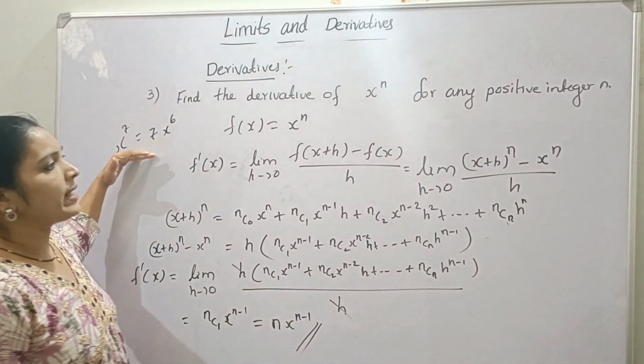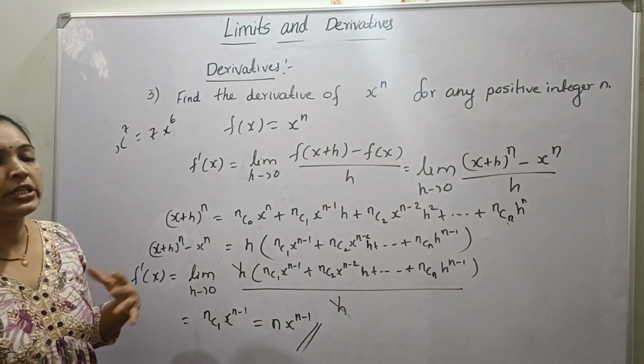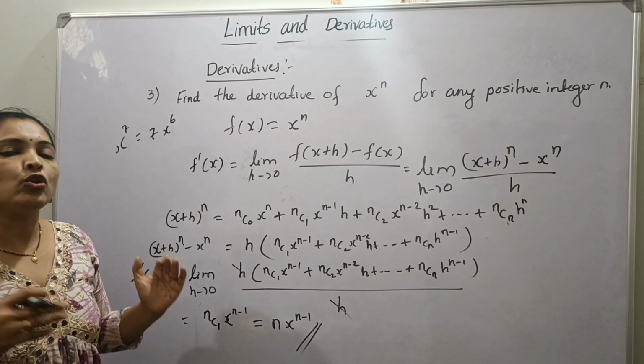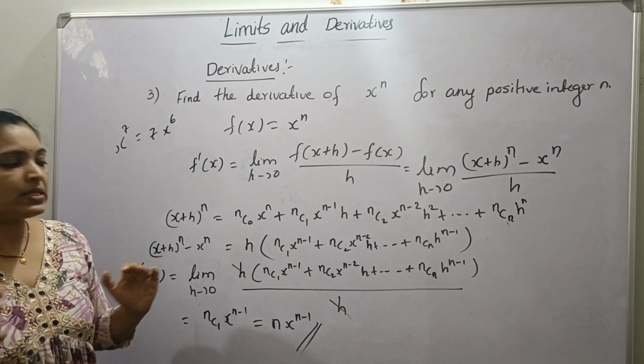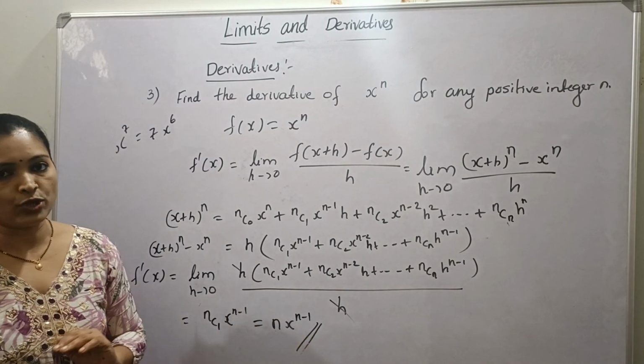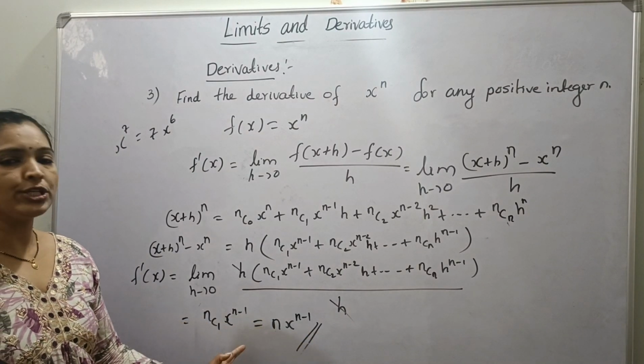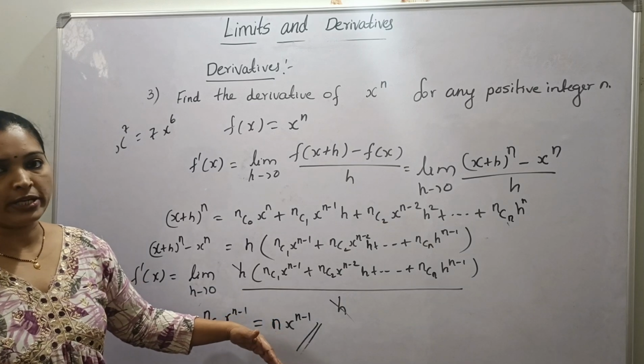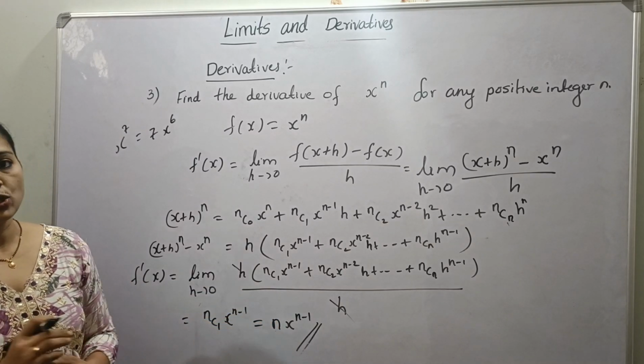Otherwise you can write directly: if you are asked to find the derivative of x raised to 8, then you write 8x raised to 7, applying the formula n into x raised to n minus 1, that is 8 minus 1, 7. So 8x raised to 7, like that.